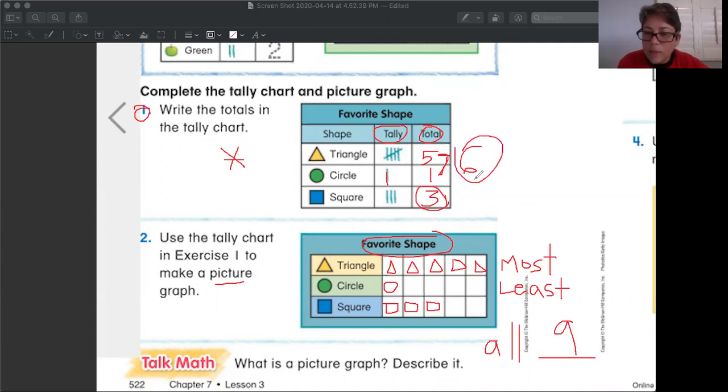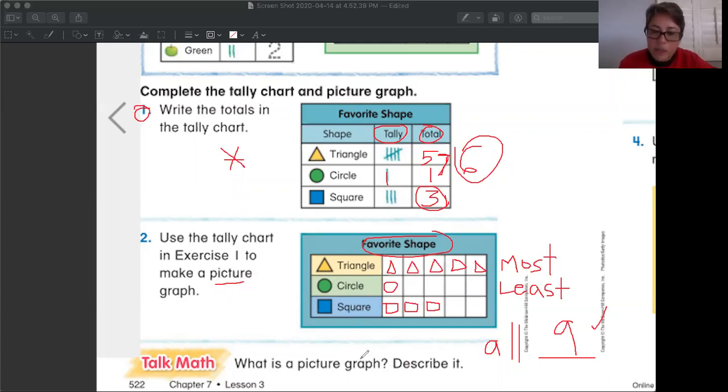So I start with the big number, 6, 7, 8, 9. So I get the same number, 9. Okay? And you can count the tallies. 1, 2, 3, 4, 5, 6, 7, 8, 9. Still 9. You see? When you count how many people were asked, in all, you just count all the choices that people made. 9.